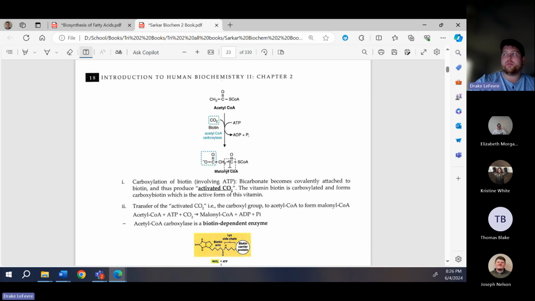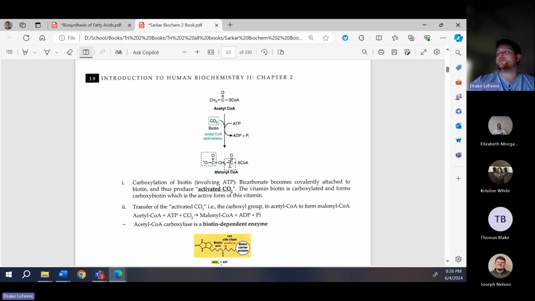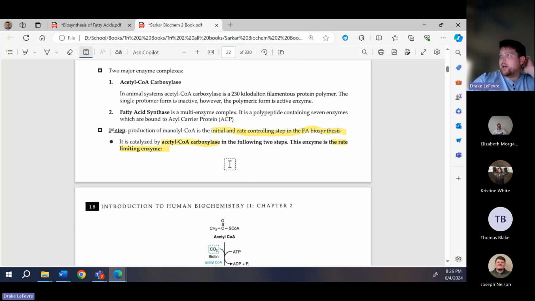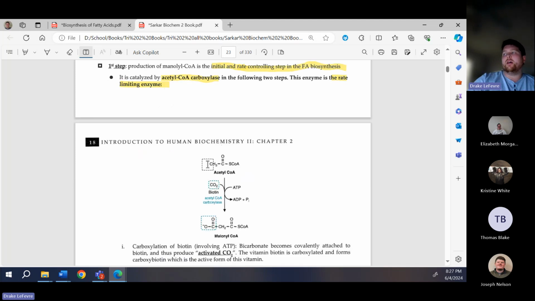Okay, cool. So this is why we get our carbons from the acetyl-CoA and from carbon dioxide and from those other sources.